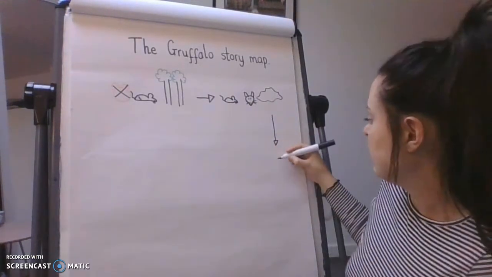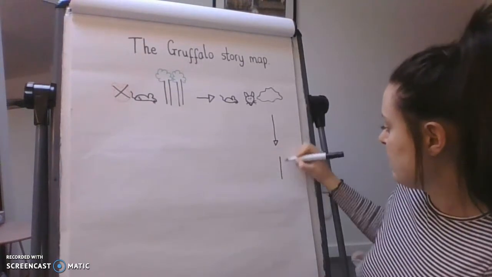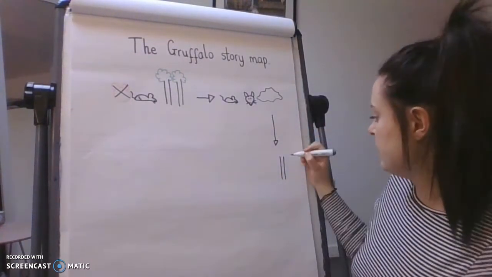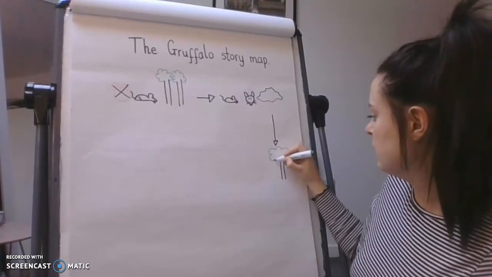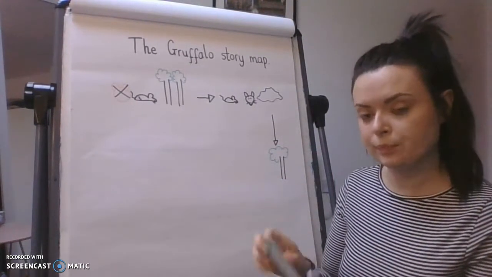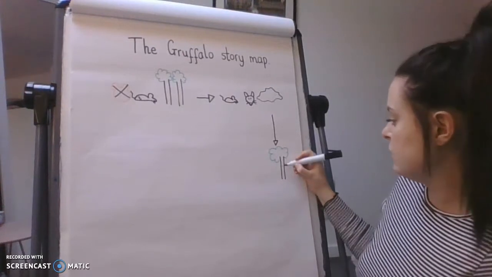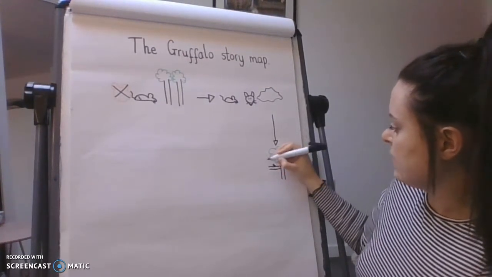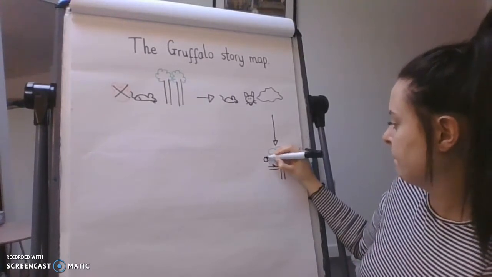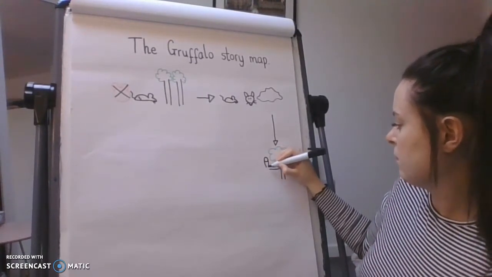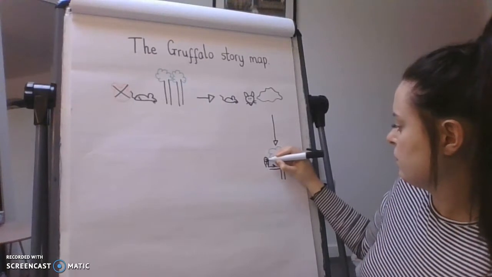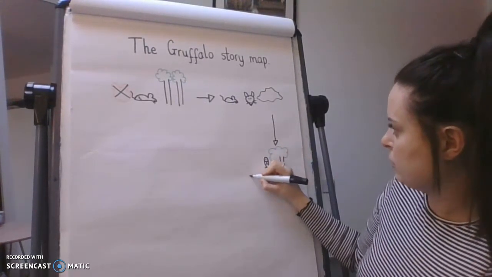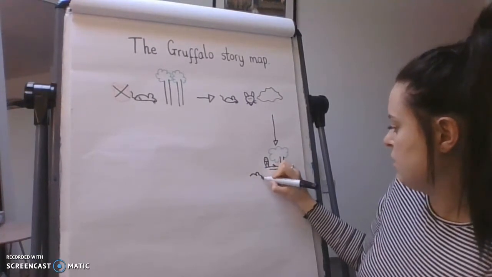Okay, right, so next, the mouse saw the owl, okay, in his treetop house. So I've drawn my treetop house. I'm going to do a little branch, and then that's where the owl can sit. Okay, and then the little mouse is here at the bottom.